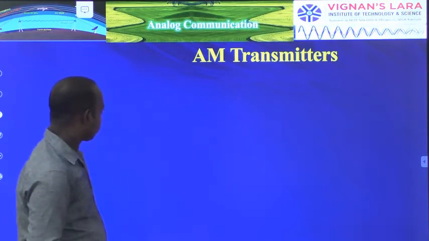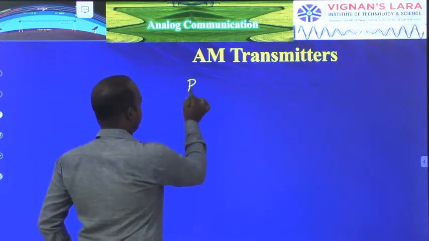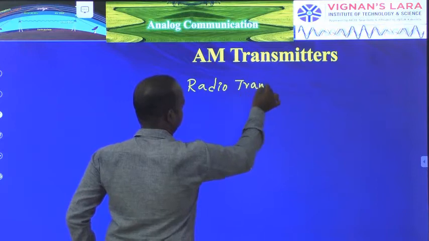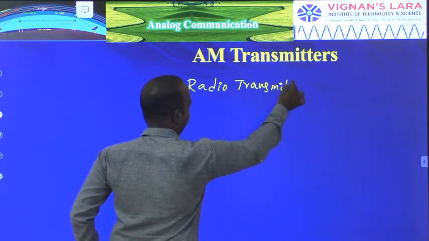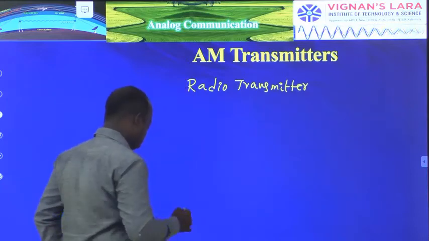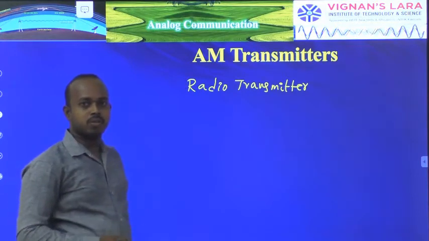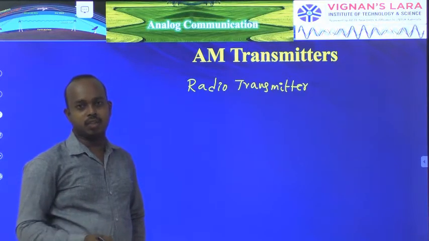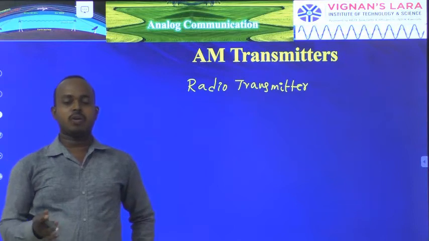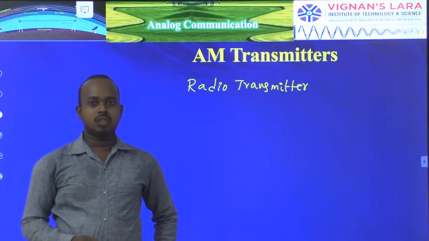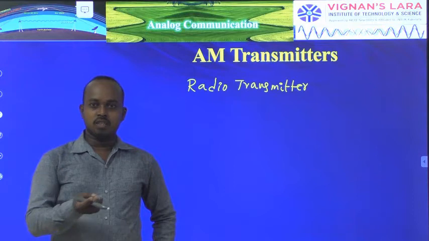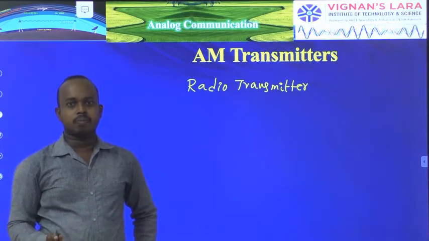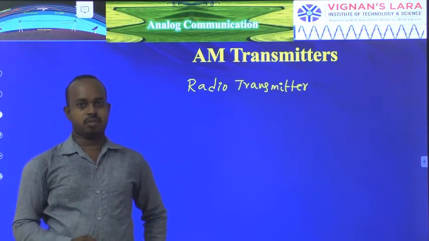Coming to radio transmitters, we mainly classify them into types based on the parameters we use, such as frequency, modulation technique and broadcasting. We can classify the transmitters in different ways.